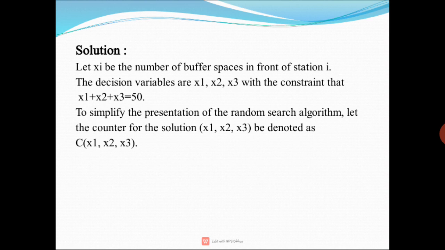Therefore, x1 plus x2 plus x3 equals 50. To simplify the presentation of the random search algorithm, let the counter for the solution x1, x2, x3 be denoted as C of x1, x2, x3.